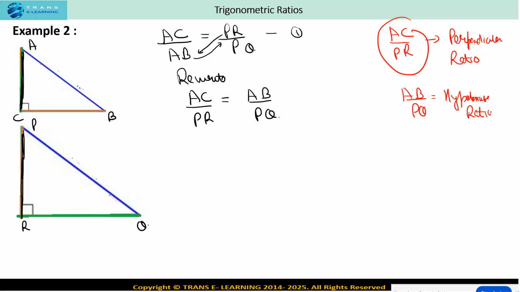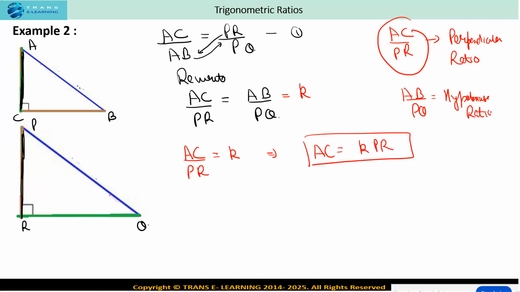I'm assuming it to be equal to K. So AC upon PR equals K, and I get AC equals KPR. And if I take AB upon PQ equal to K, I get AB equal to KPQ.